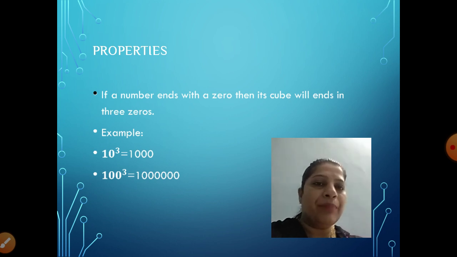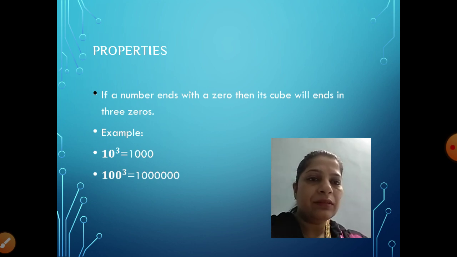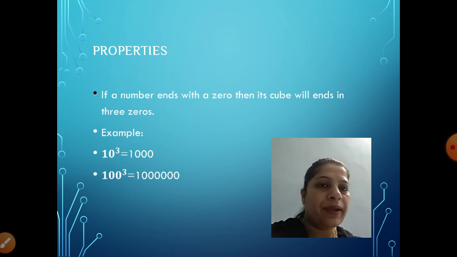You have the example also. The cube of 10 is 1000. 10 has 1 zero and 1000 has 3 zeros. In the same way, the second example is the cube of 100, and your answer has 6 zeros.